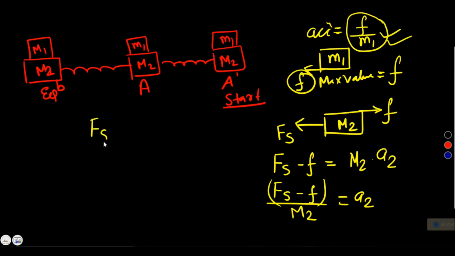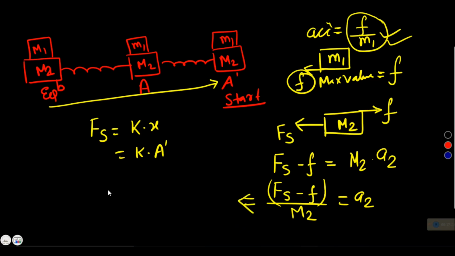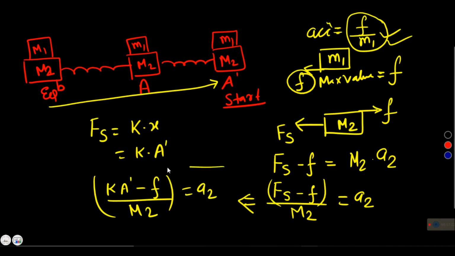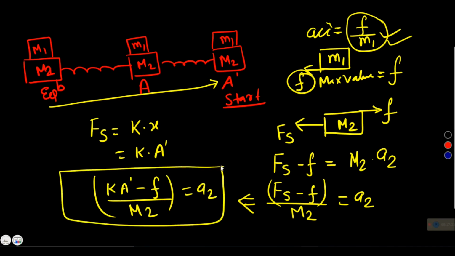The value of Fs will be equal to K into X, and this will be K into A dash, because we have extended it to A dash. So the answer will be K A dash minus F upon M2 is equal to A2. This is the acceleration of block M2, and this is the acceleration of block M1, and this is the acceleration of block M2.